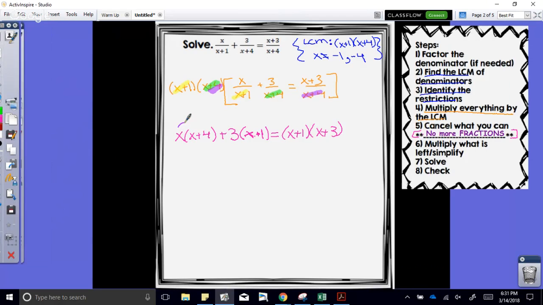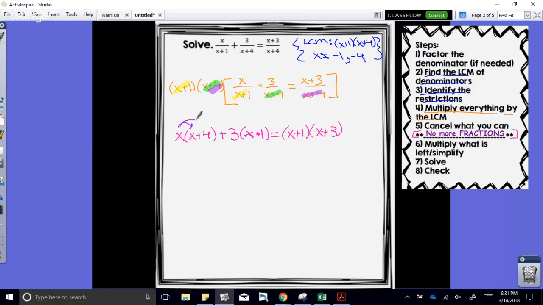So when we multiply by what's left, I've got an x times x, and x times 4. So I have x squared plus 4x. I have a 3 times x and a 3 times 1. So I have plus 3x plus 3 equals. On the other side, we're actually going to have to FOIL.